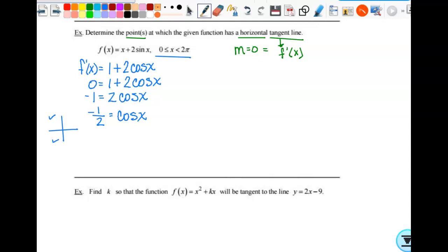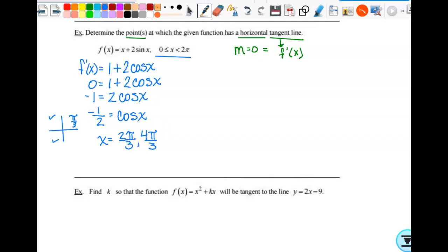Pi thirds. Okay, so it's the pi thirds angle, right? But it's a pi thirds angle, but I don't get to use the first quadrant because it's negative. So what's my second quadrant pi thirds angle? 2 pi thirds. Ugh, what is wrong with me? And 4 pi thirds. Okay? So those are my x values.